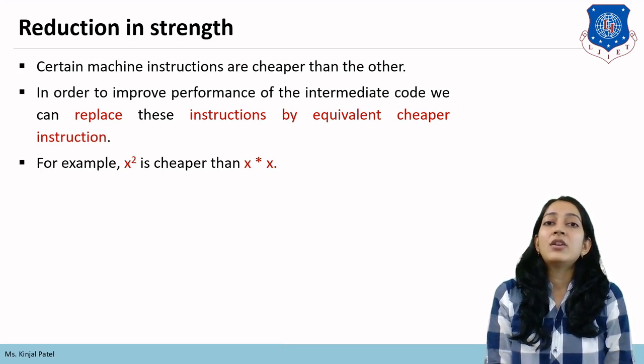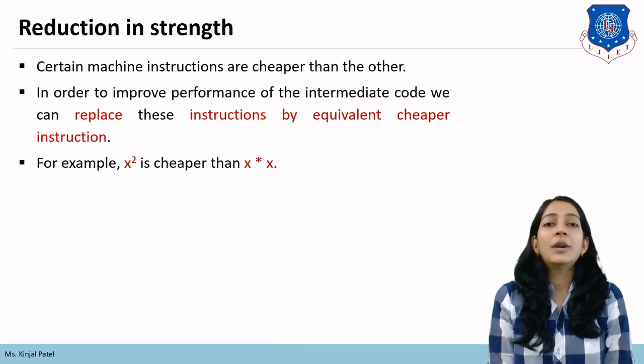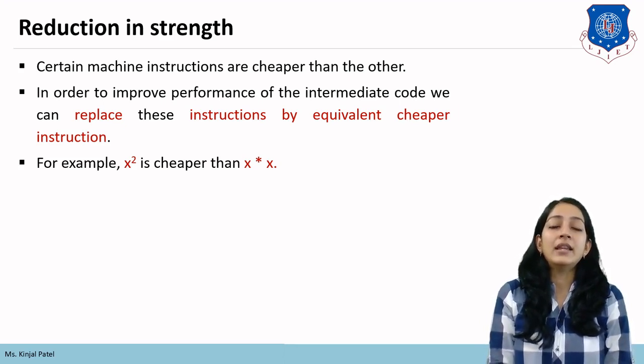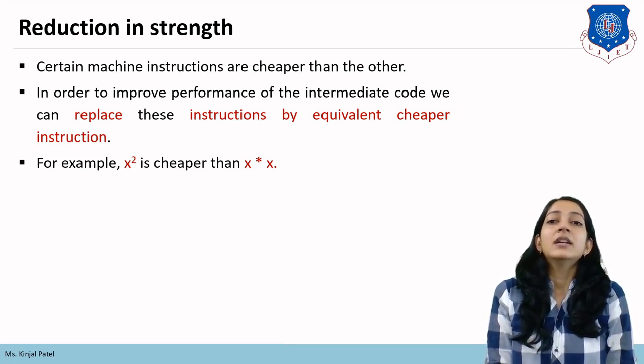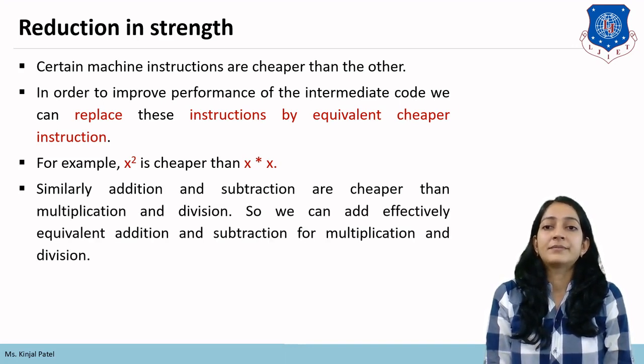So we can reduce the equation using the lower priority operator. When we can get the same result using a lower priority operator, we should use it rather than the higher priority operator. So here we can use x square rather than x star x, which is cheaper.